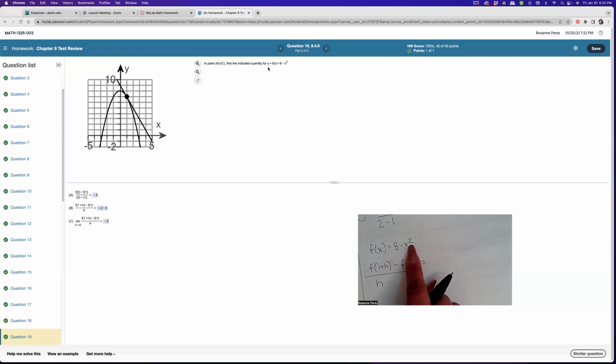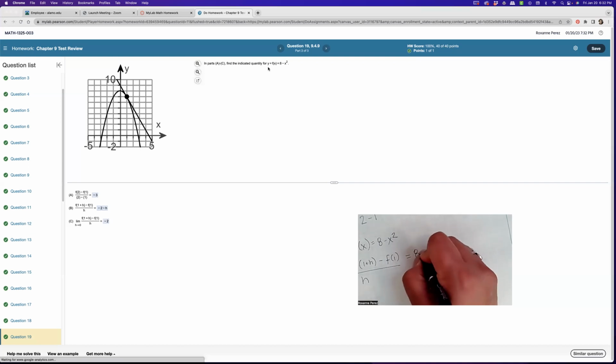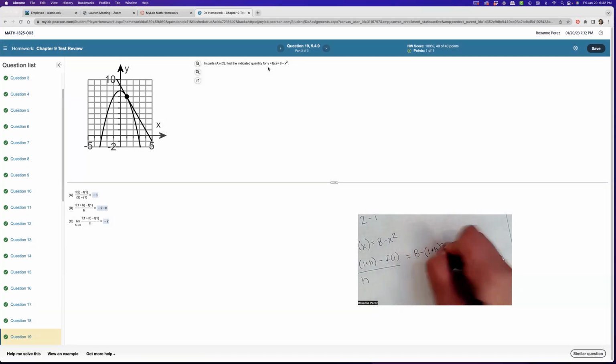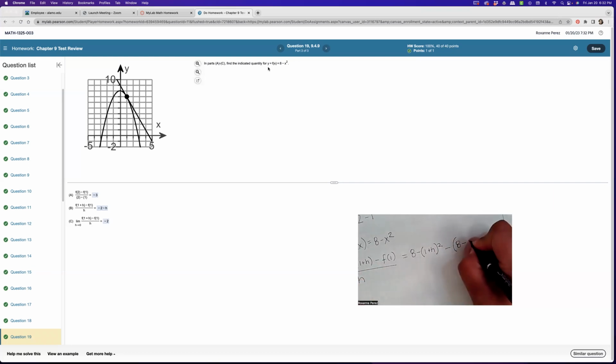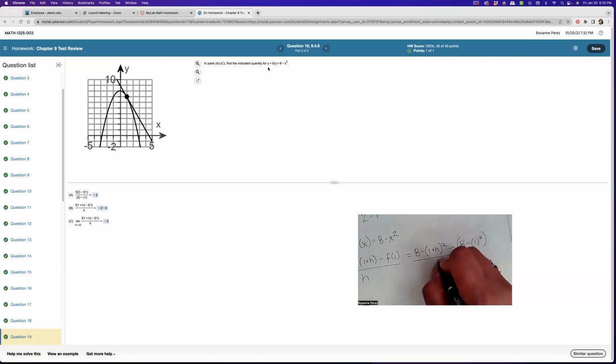And remember, for this particular equation, we need to maintain our square term. Okay, so 8 minus 1 plus h squared minus this function evaluated at 1. So that's going to be 8 minus 1 squared, close parentheses, divided by h.